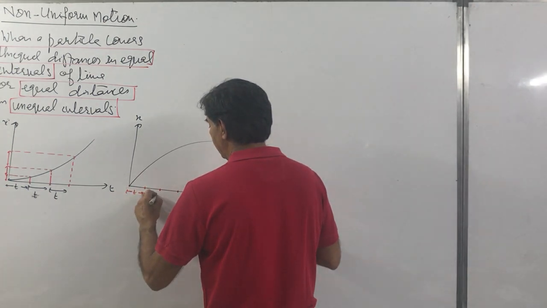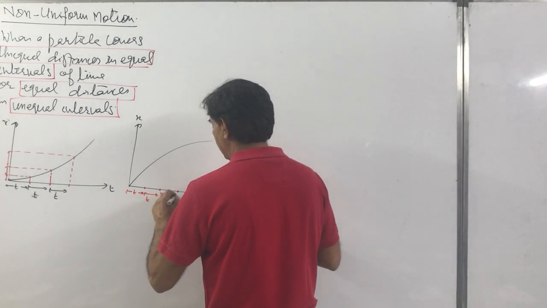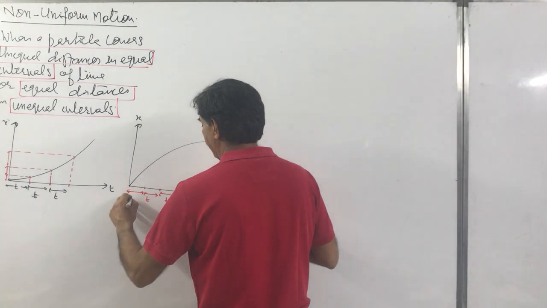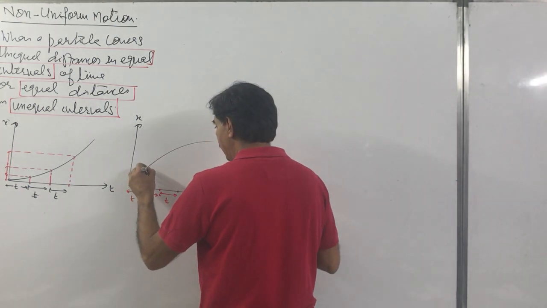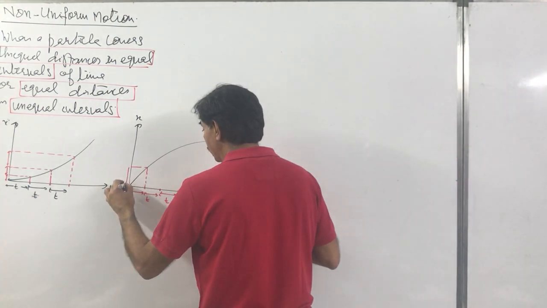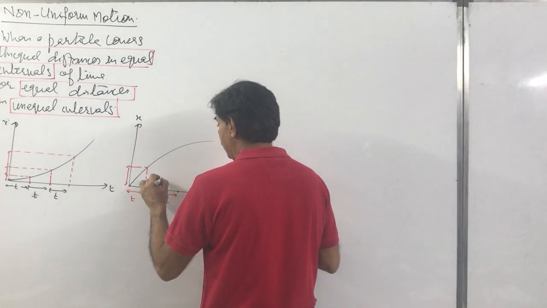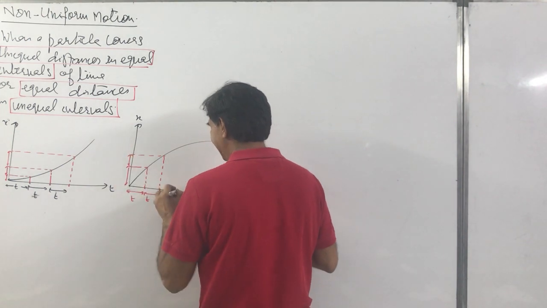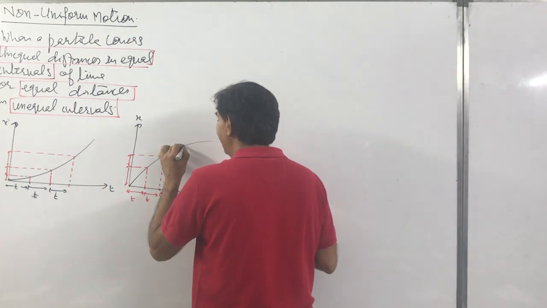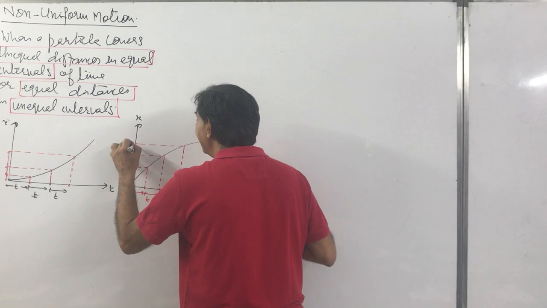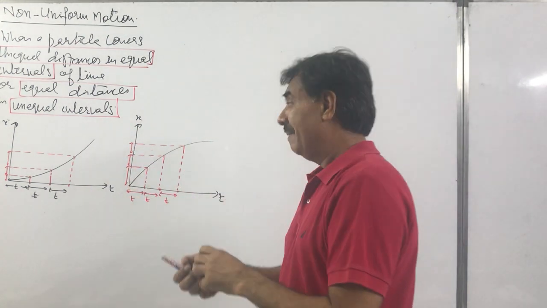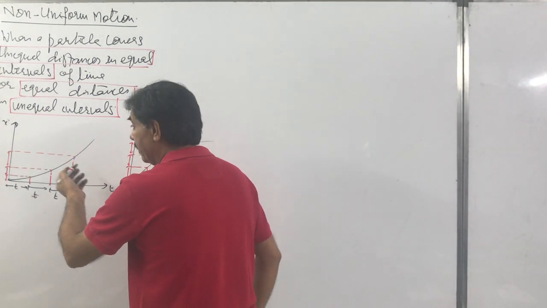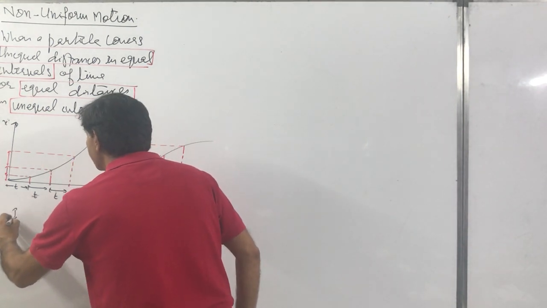T, T, and T. Let us write this as well. Then in the first time interval, a large distance is covered. In the second time interval, the distance covered is less, and in the third time interval, the distance covered is even less. Thus, over here, the particle is decreasing speed, right?